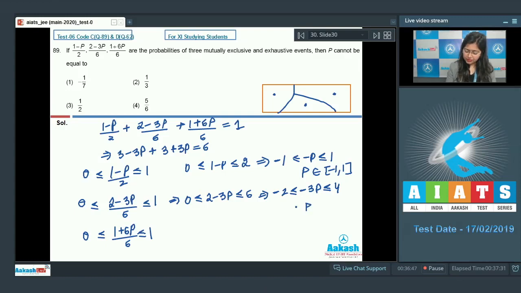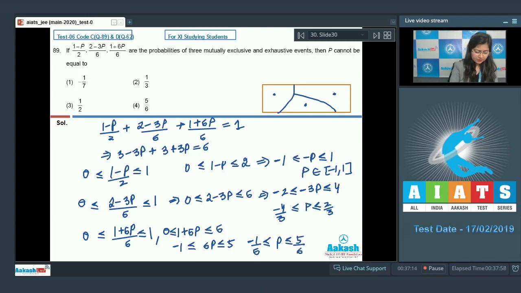Further it will give us p going from minus 4 by 3 to 2 by 3. Right? And from here we will get 1 plus 6p will go from 0 to 6. That is minus 1 is less than equal to 6p is less than equal to 5. That is p will go from minus 1 by 6 to 5 by 6.